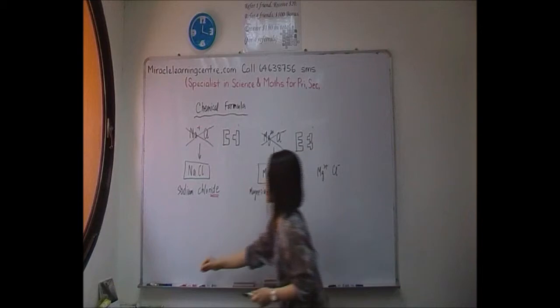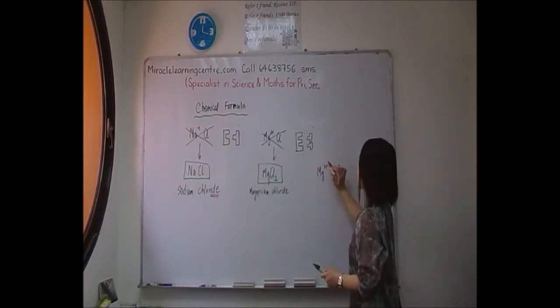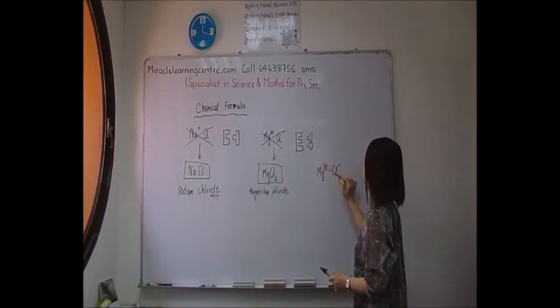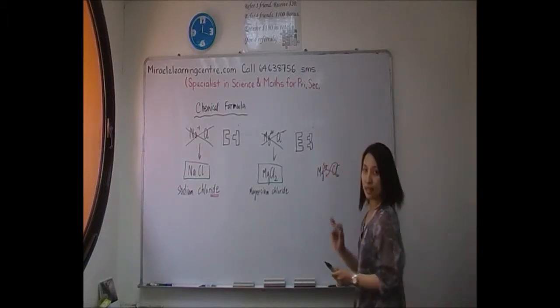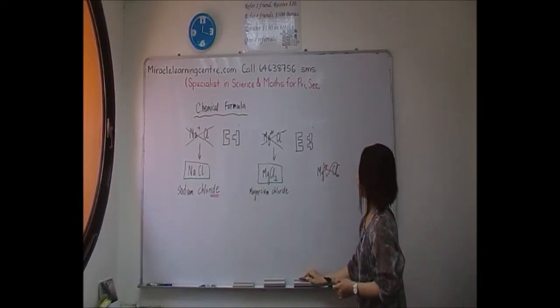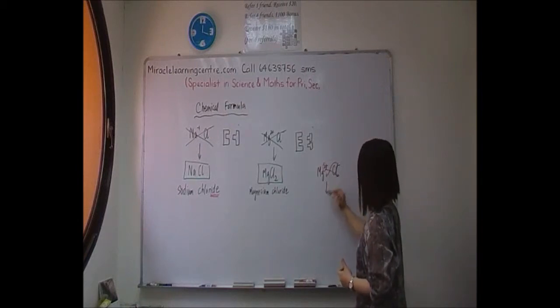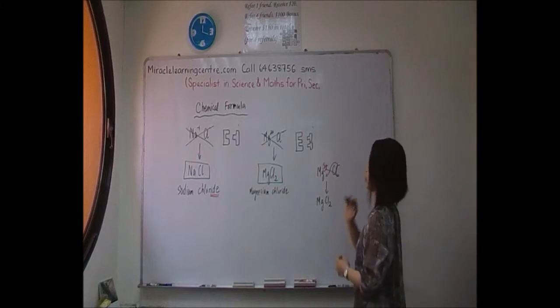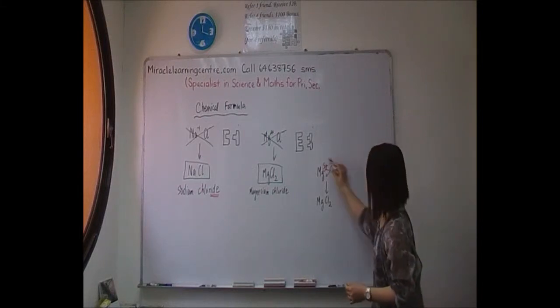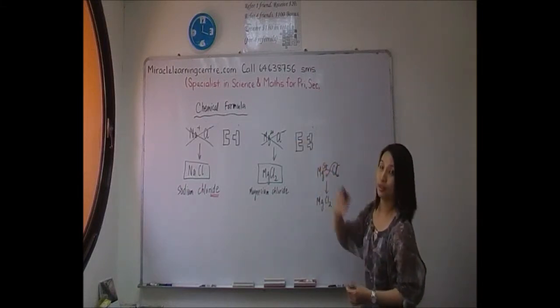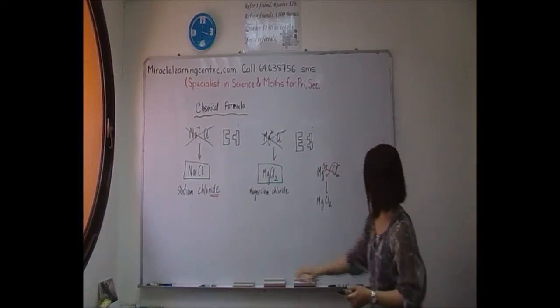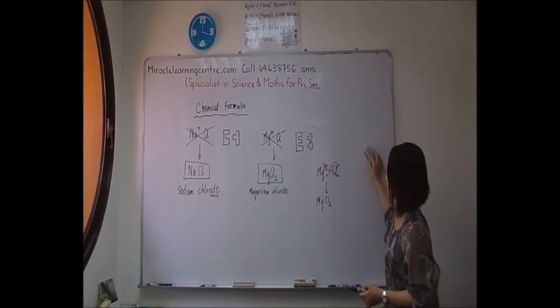You need to cross the numbers, bring the 2 down, and bring the 1 down. 1 is understood, you don't need to write 1. So you still get MgCl2. First, you need to memorize all these charges in order to write the formula effectively and quickly.